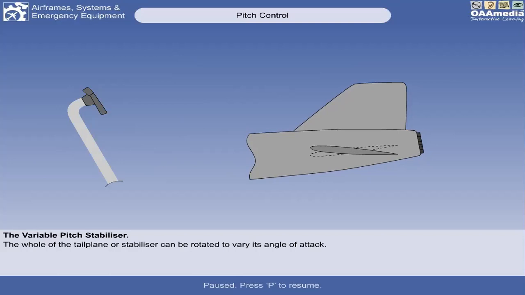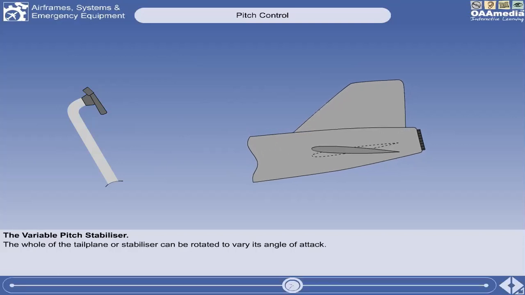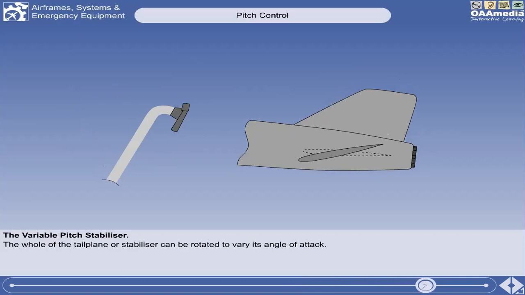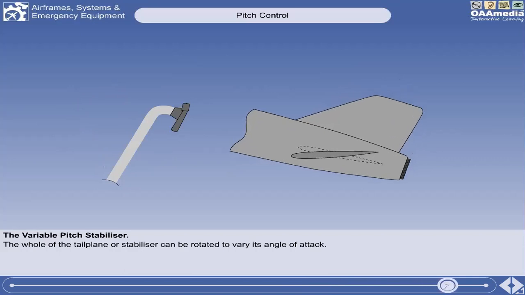So kapag minove natin or pinush natin forward yung ating control column, so ang tendency ng stabilizer natin is to move upward. This increases the lift generated by the stabilizer, so the nose of the aircraft pitches down. If the yoke is pulled back, then the stabilizer rotates in the opposite direction, and the nose pitches up.